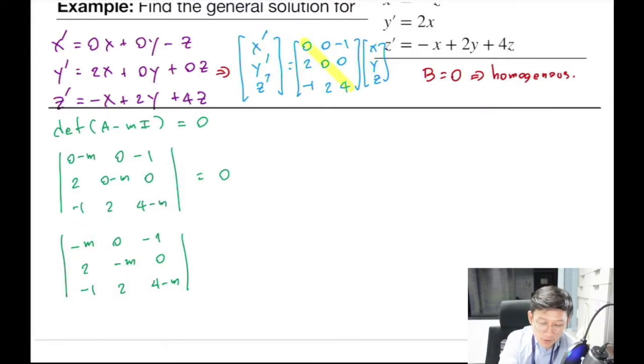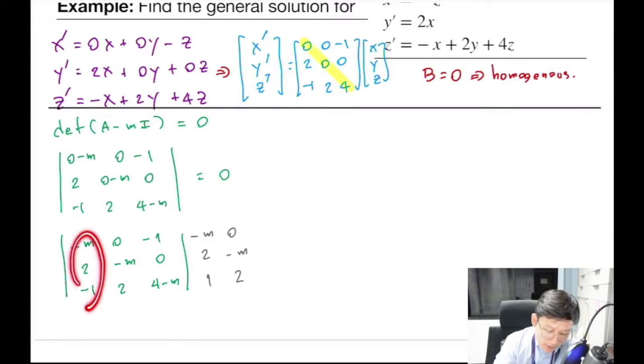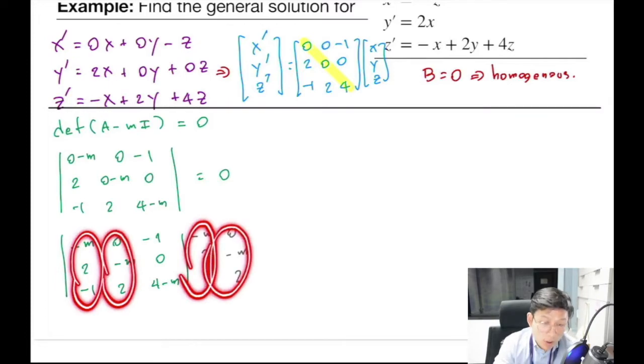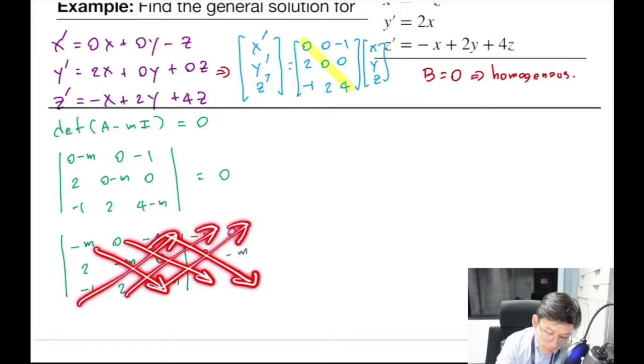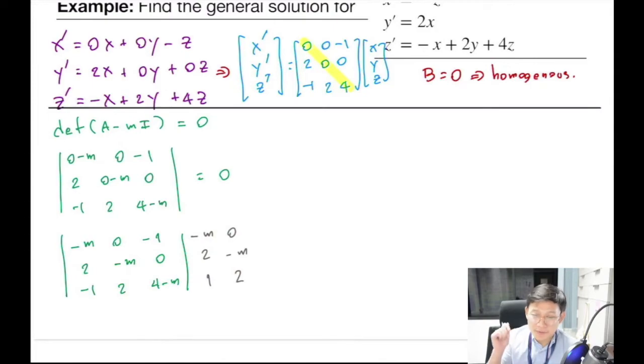Then we multiply down and multiply up. Whenever we multiply up, we need to get the minus sign. I hope you do remember how to do so.